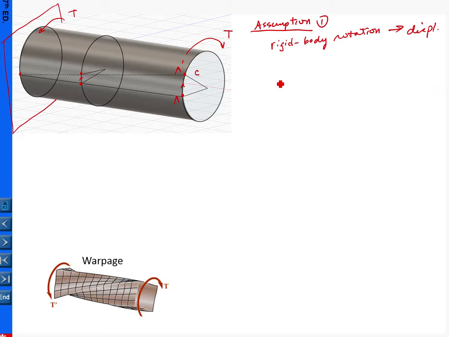Then we're going to introduce the second assumption. Before we do that, let me introduce a few parameters here.